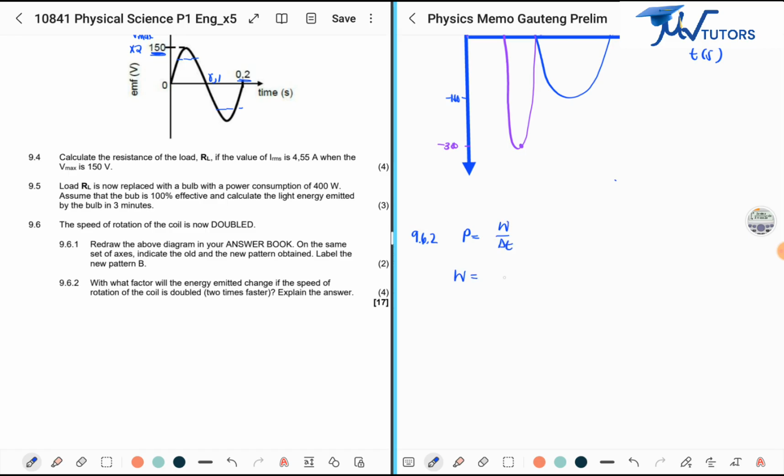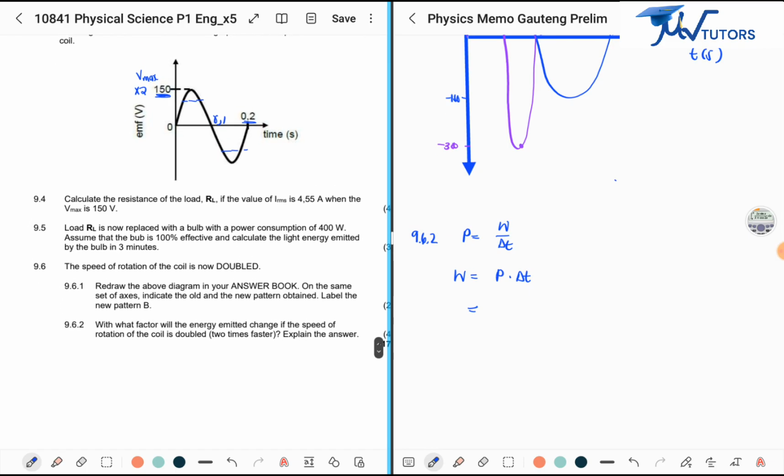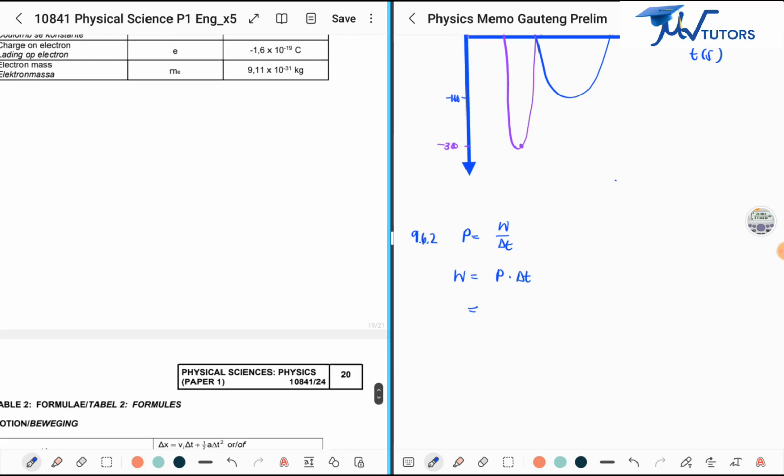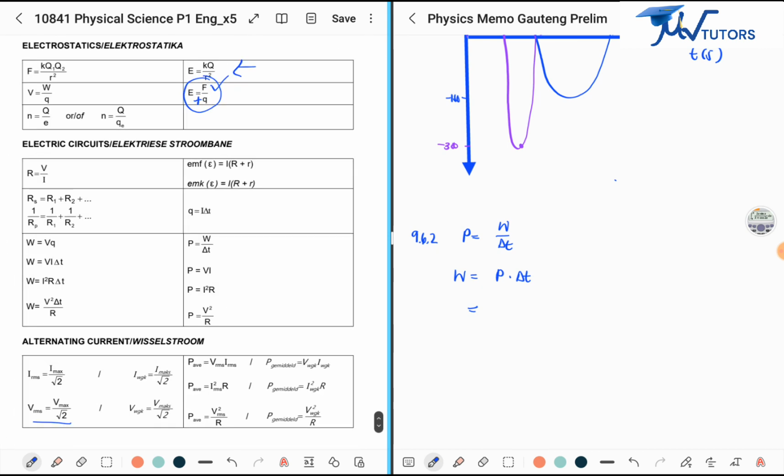Thinking about energy, we have power times delta T. Because I know that the EMF will double, I'm going to use power in terms of, let's look at the formulas. Power can be VI or I squared R or V squared over R, times delta T.